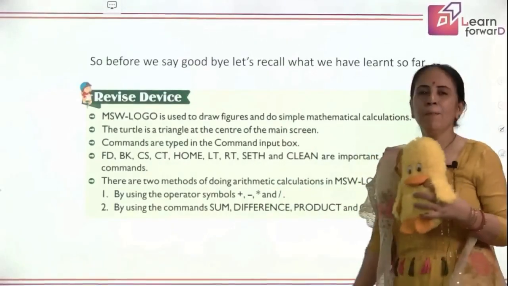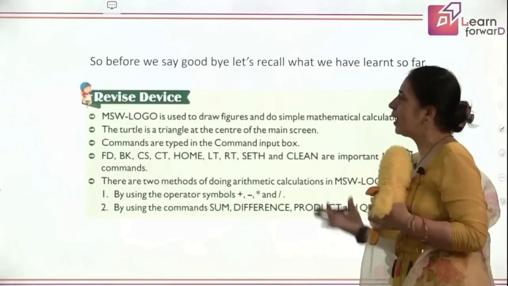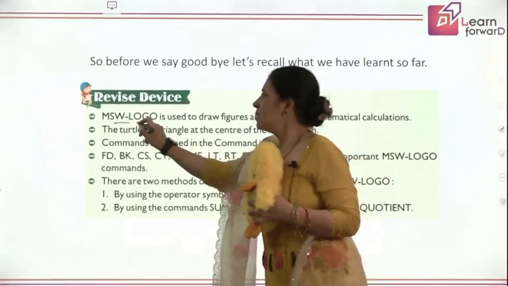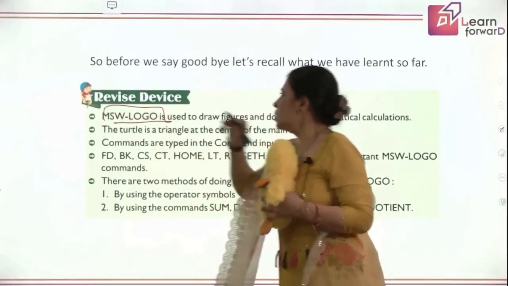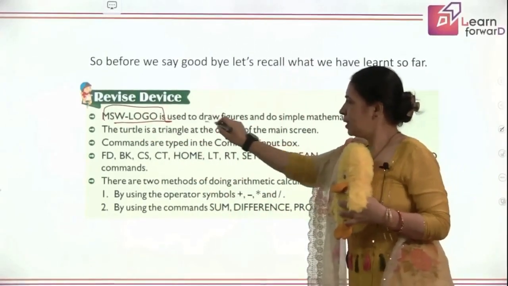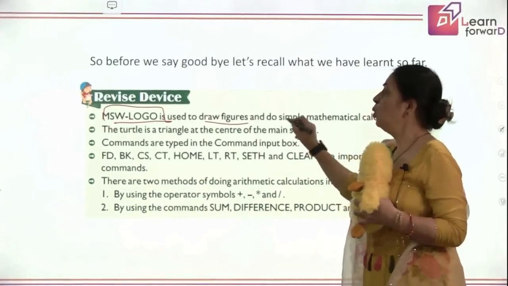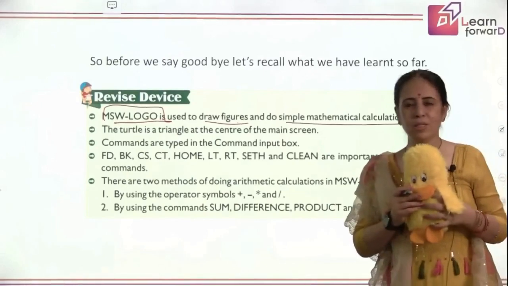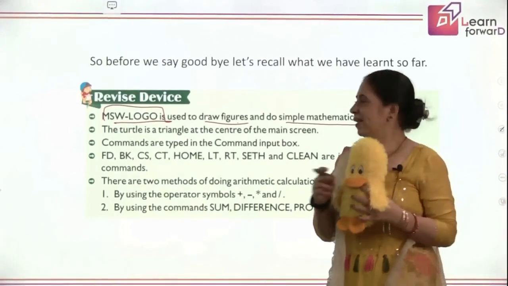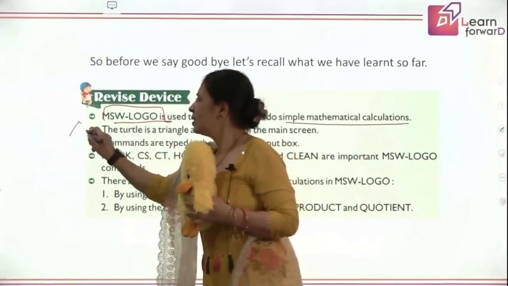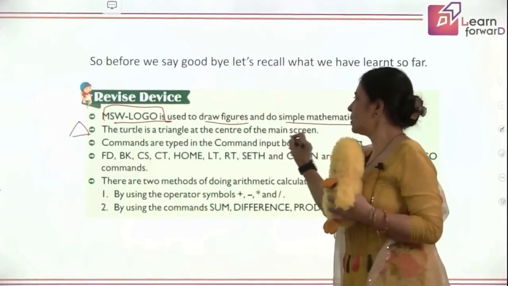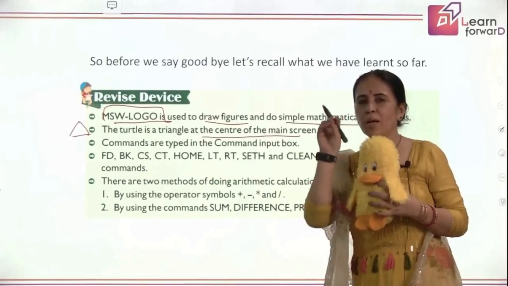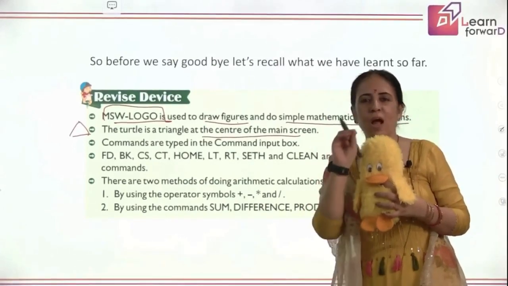Right, children? Before we say goodbye, let's quickly revise what we have learned. First thing is, what is MSW logo? It is the app which is provided by Windows to draw the figures, and it could do simple calculations for you. And turtle is a triangular shaped figure which exists at the center of the main screen, which tells you what commands you are giving and from where you are going to begin.